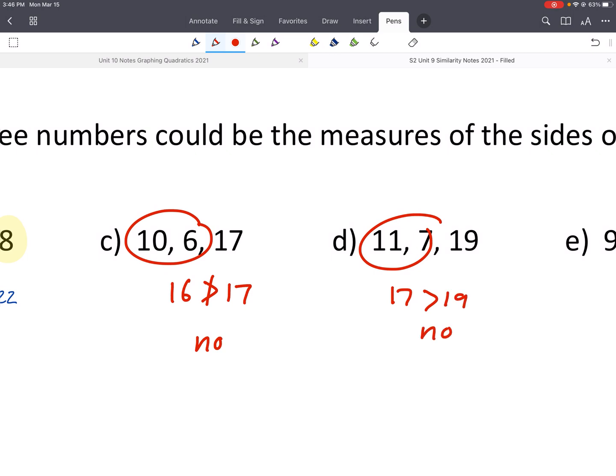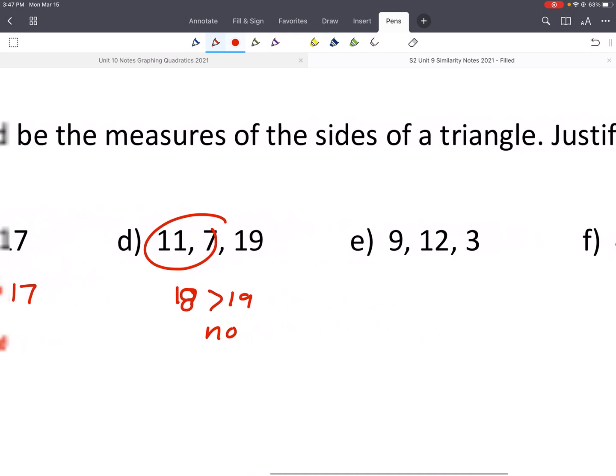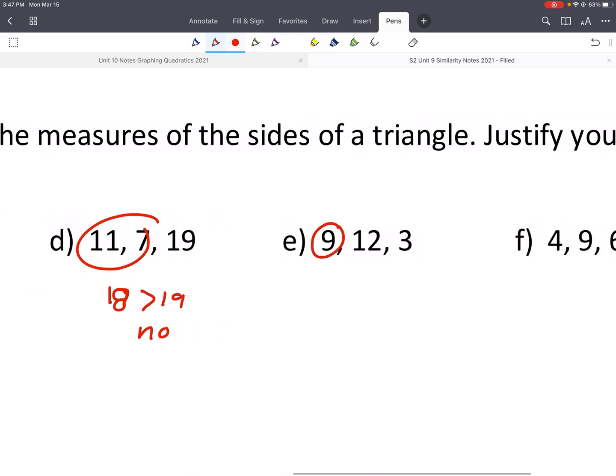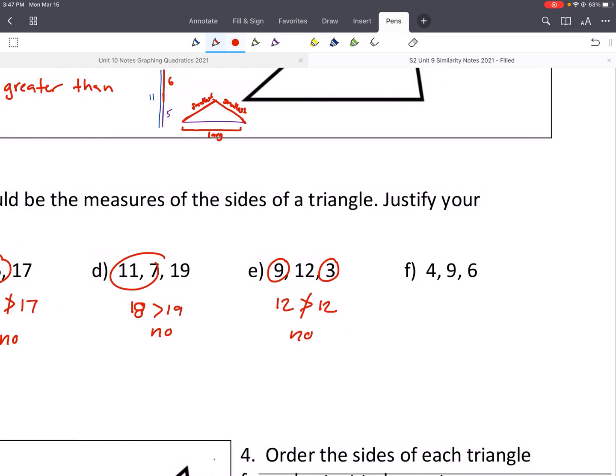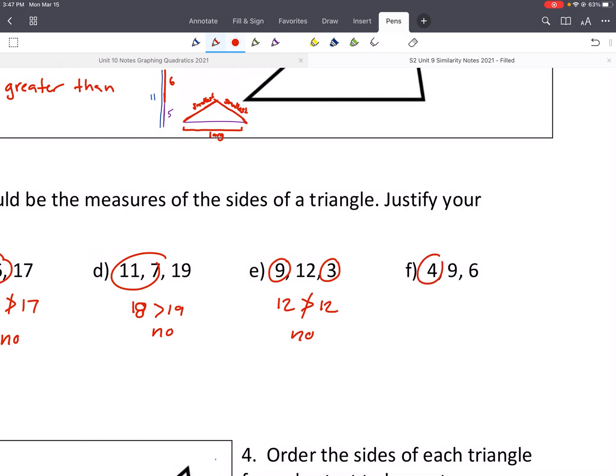So that's still no. And we could do 9 plus 3. Well, that's 12. Is 12 greater than 12? No. Okay. That's a lot of no's. Am I doing this all right? I think I'm okay. And then last but not least, we have 4 and 6. That gives you 10. And 10 is greater than 9, so we would say yes. That can make a triangle.